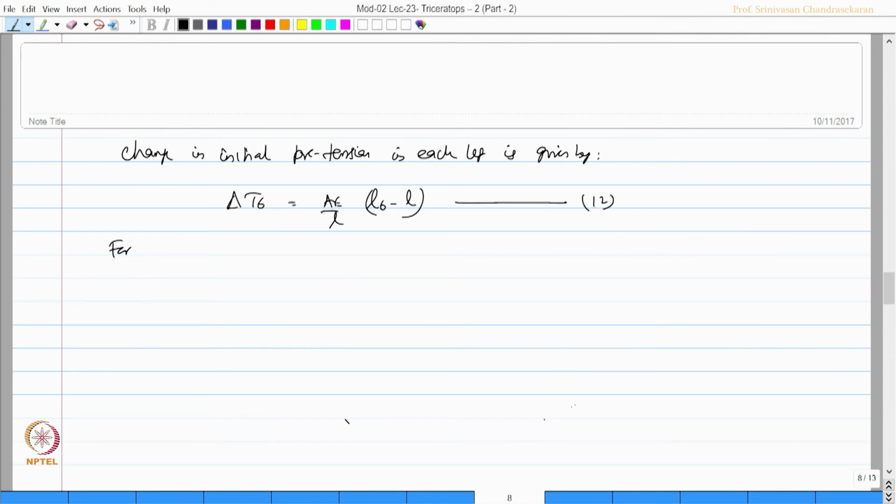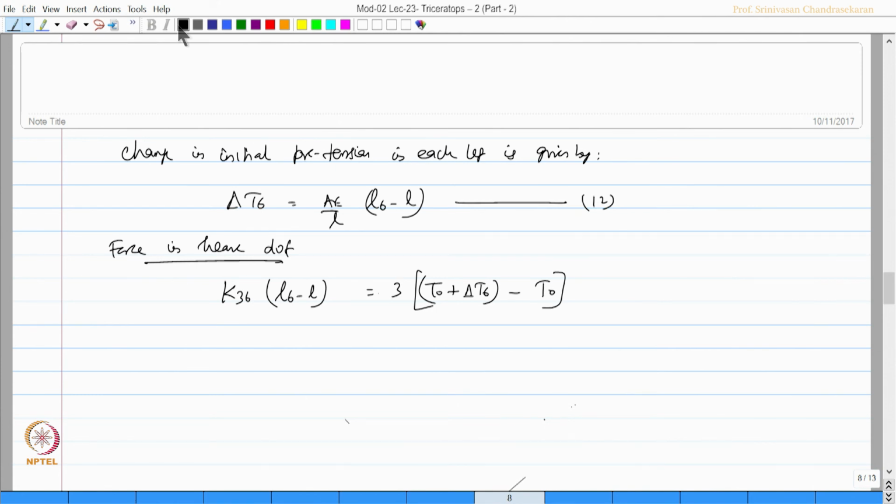Let us now summarize the force in heave degree of freedom. So, K36 of (L6 minus L) will be balanced by (T0 plus delta T6) minus T0 of the 3 legs, equation 13.